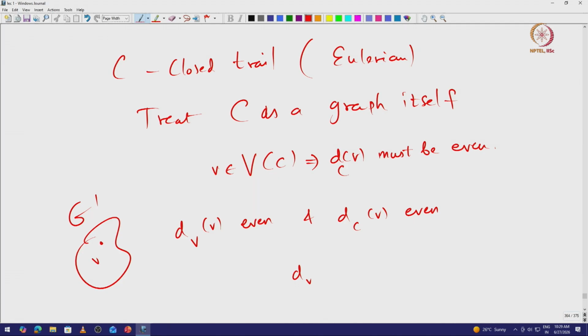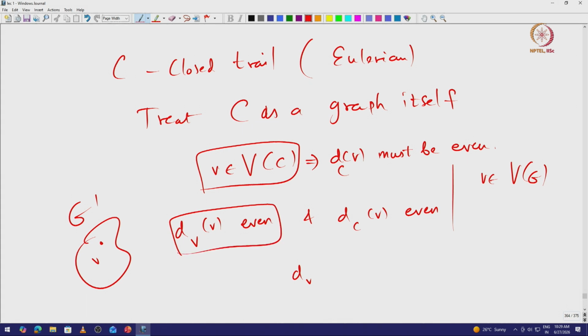Suppose you have a vertex which is in C. Thinking of that vertex as an element of the original graph, its degree is even in the original graph, and it is even in the subgraph C. So, once we remove all the edges that appear in C from G, whatever degree remains in the complement graph, G minus E of C, is also going to be even.